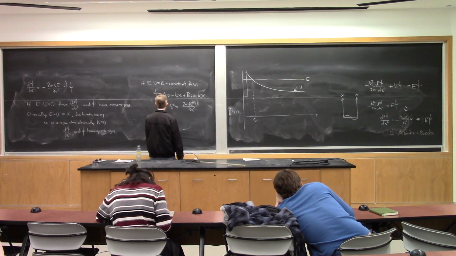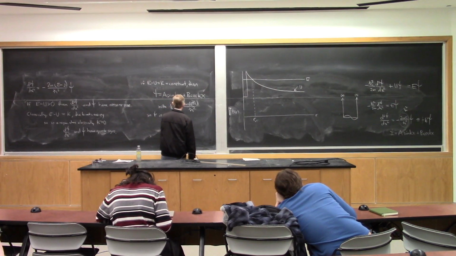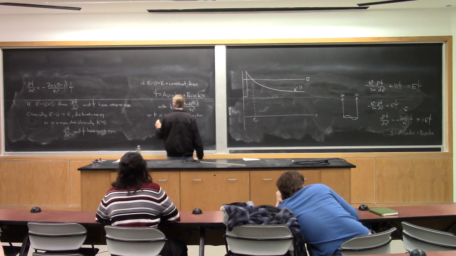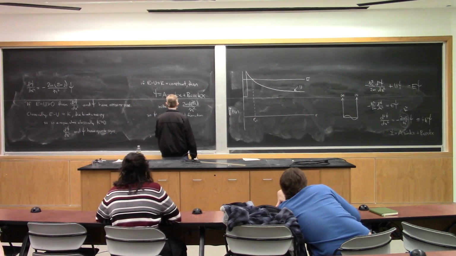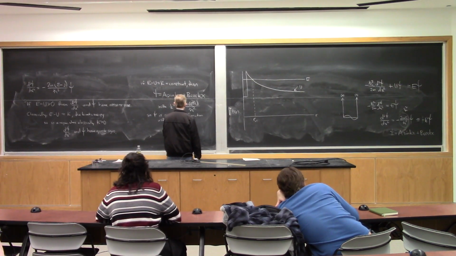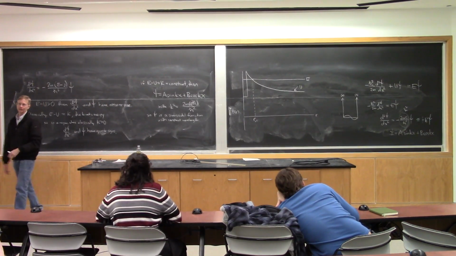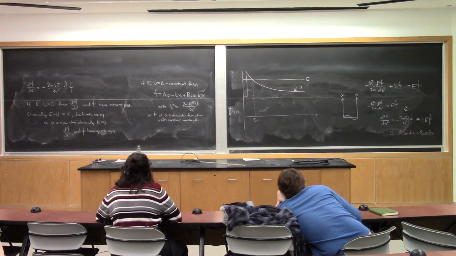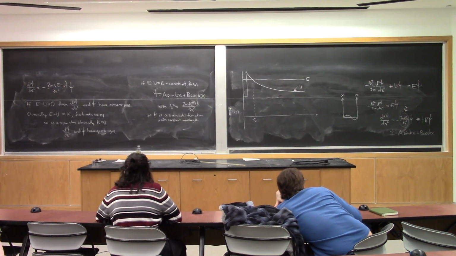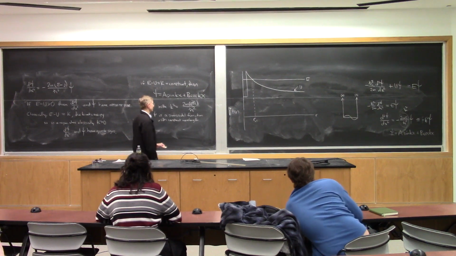So psi is a sinusoidal function with constant wavelength, because little k is constant when E minus U is constant over some region.